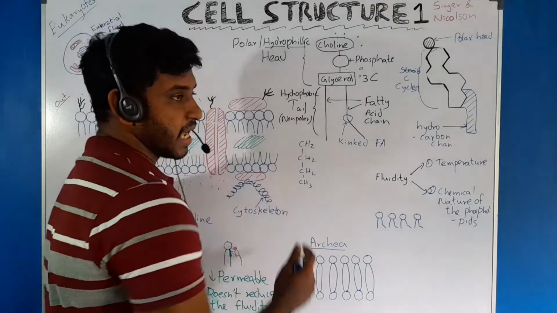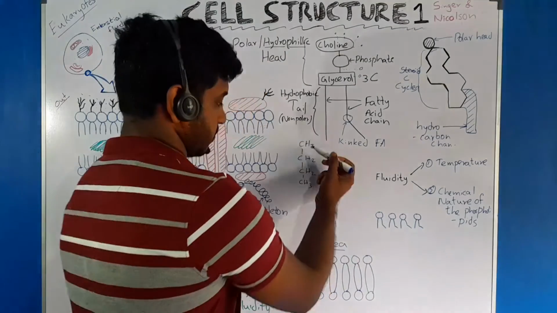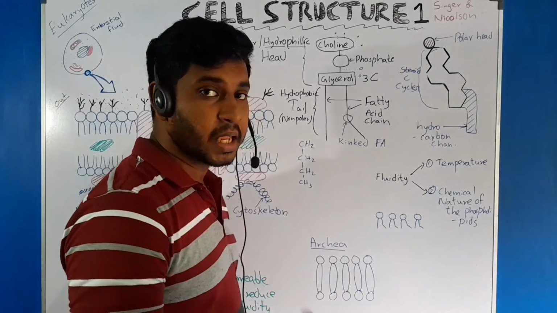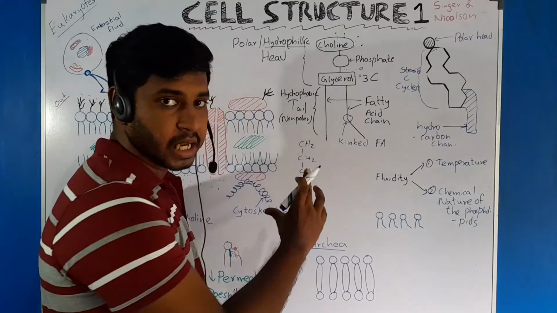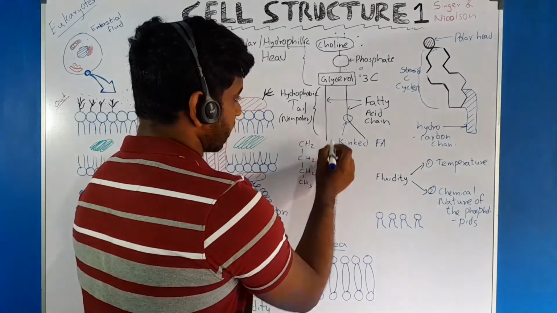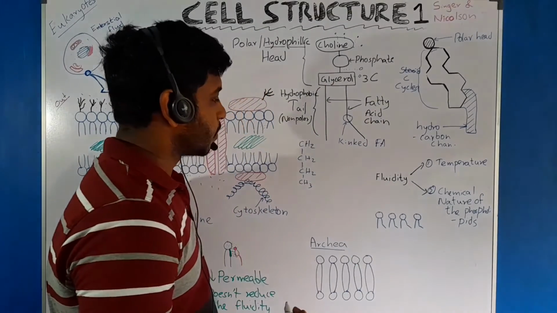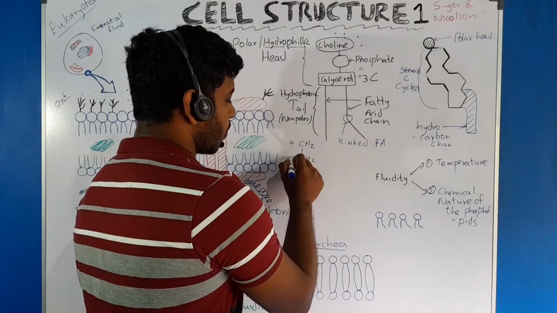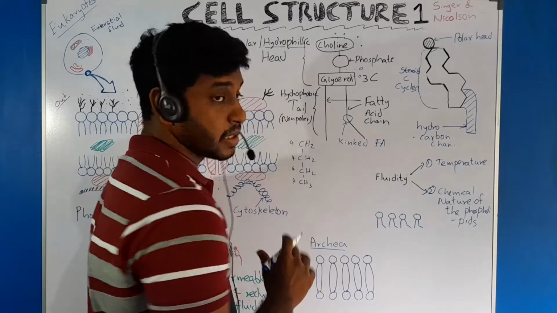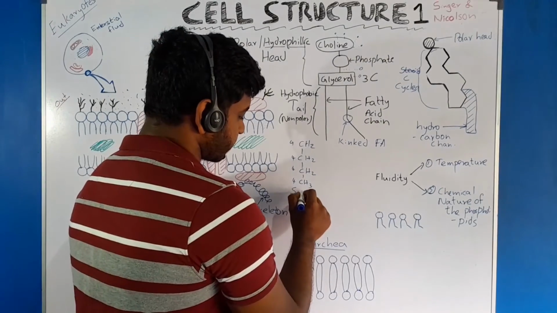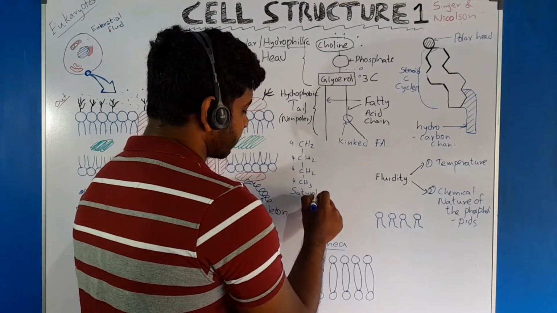Because they have made only single bonds, each and every carbon has made 4 bonds, the maximum number of bonds they can make. We call them saturated fatty acids.